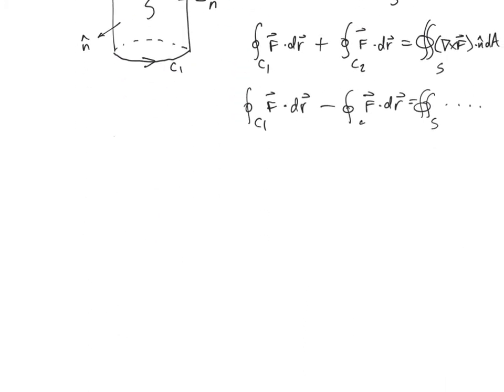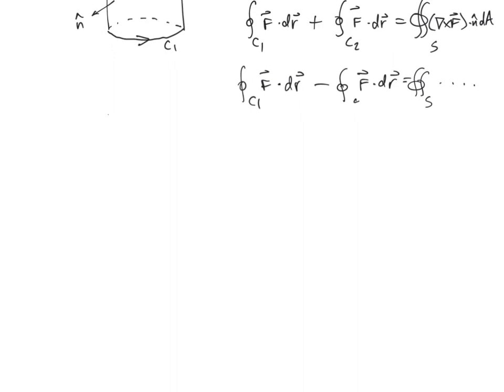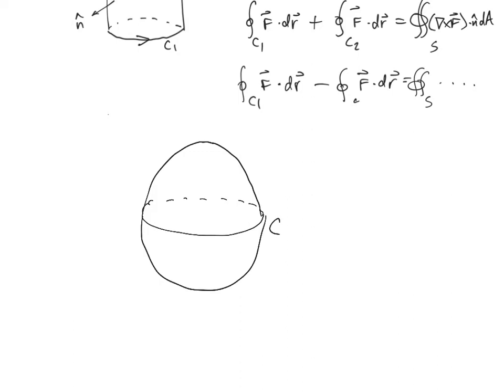So if I've got a curve like this, a circle again, that's my curve C, I can choose any surface I want as long as it's bounded by that curve C. So I can choose this upside down paraboloid, or I could choose a surface like that, or one that's kind of skewed if I really want to make my life miserable.